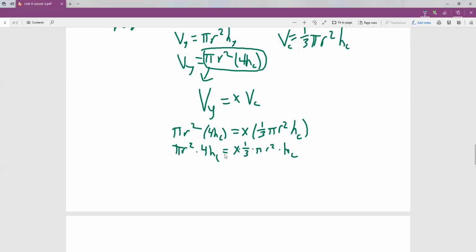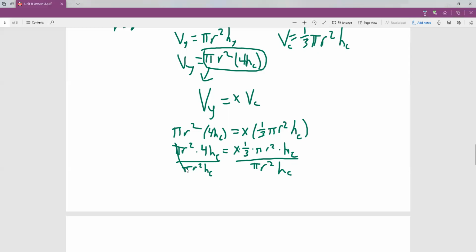Since all this is being multiplied, what could I divide both sides by that would cancel out the most things? Well, both sides have pi, so dividing by pi would be good. Both sides have r squared, so dividing by r squared would be good. And both sides have the height of the cone.